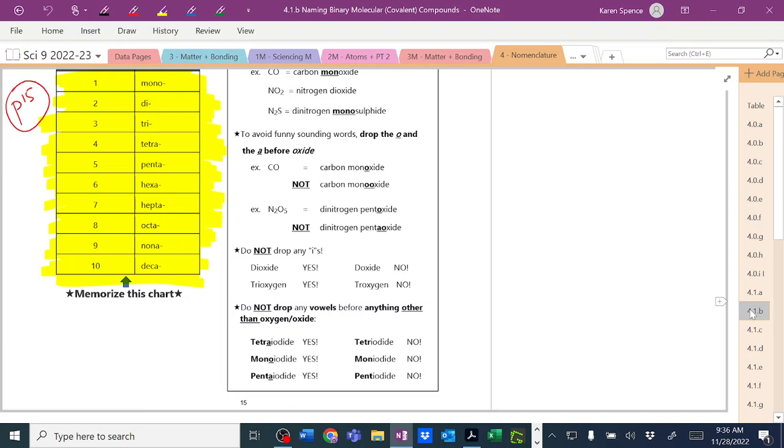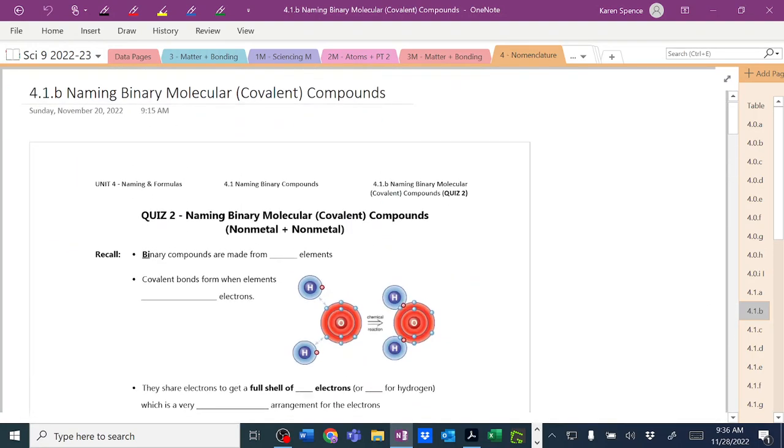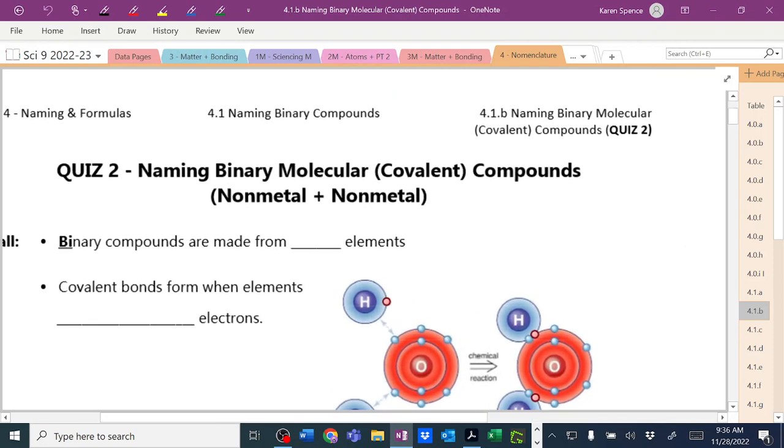Now, before I hand back the rest of the quizzes, because most people are working their way towards quiz number 2, I want to show you how to do quiz 2. So page 12.